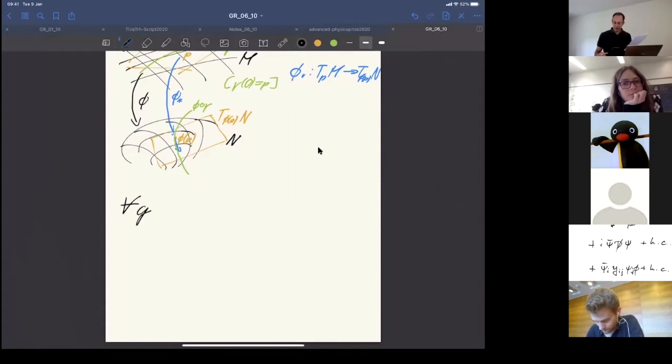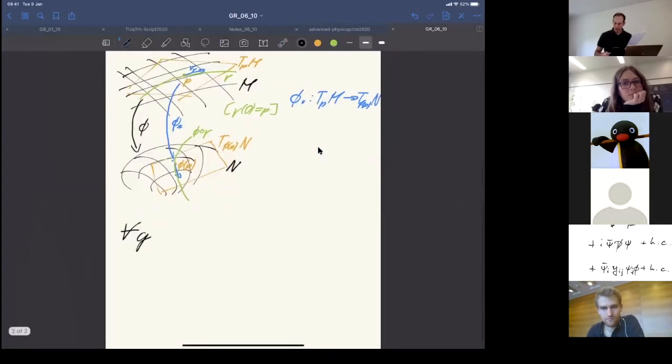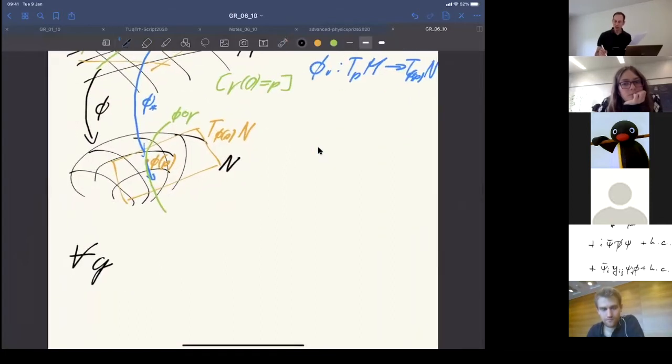What the picture tells you is that this new vector should be the velocity vector of the image of the curve. So in our notation, it means that this vector should be V not of gamma, but of φ after gamma, the image of the curve, at the point φ(P).